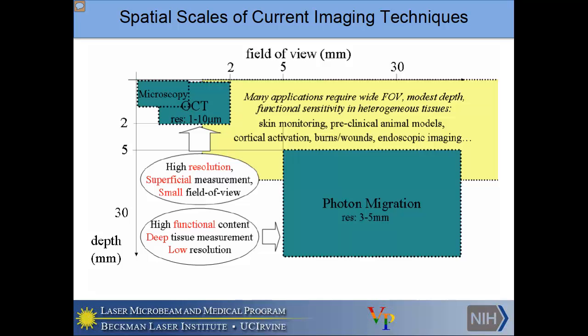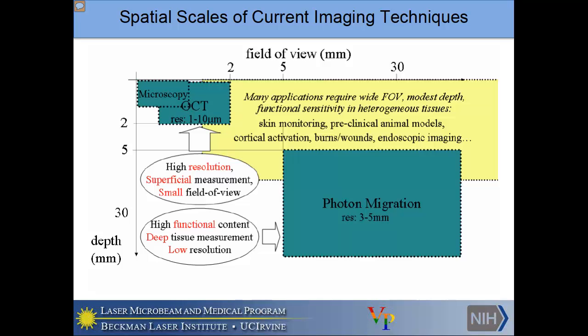DOSI technologies, where the resolution is in the few millimeters. But you get low resolution with that, and you have some issues of approximation if you're talking about Maxwell's or even radiative transport theory.